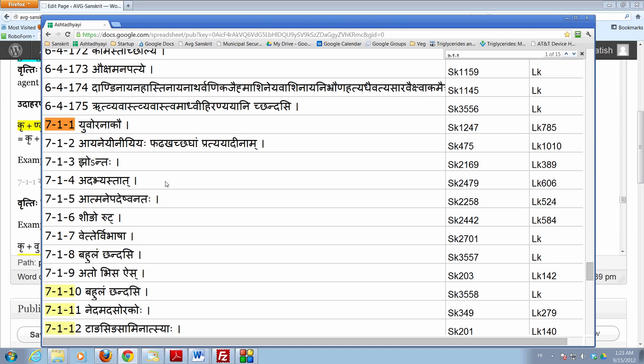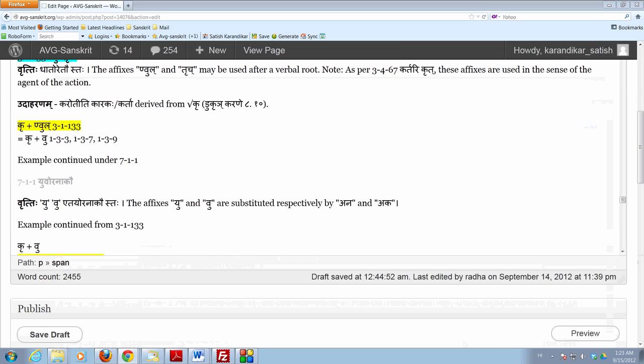My teacher always reminded me that if you see a pratyaya adesha, think of the beginning part of 7.1.